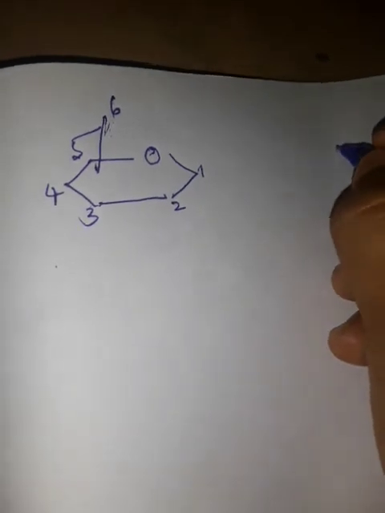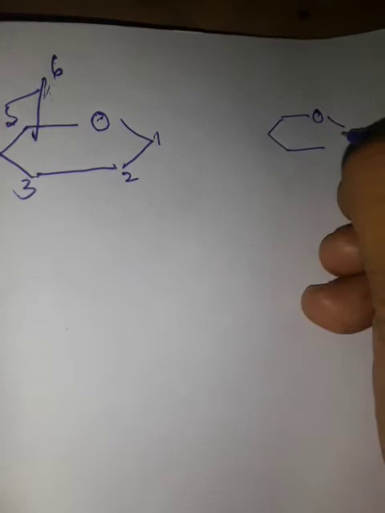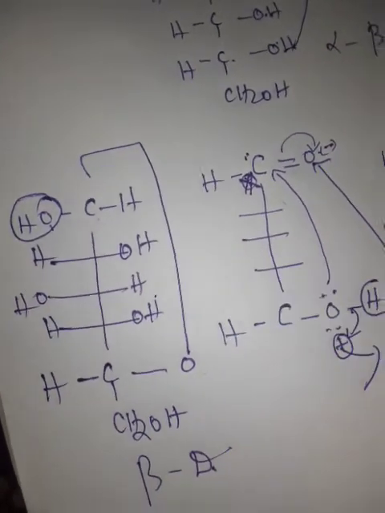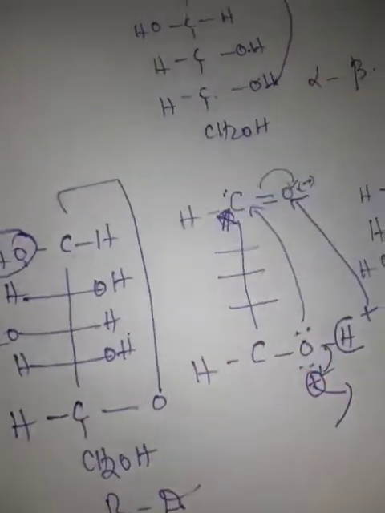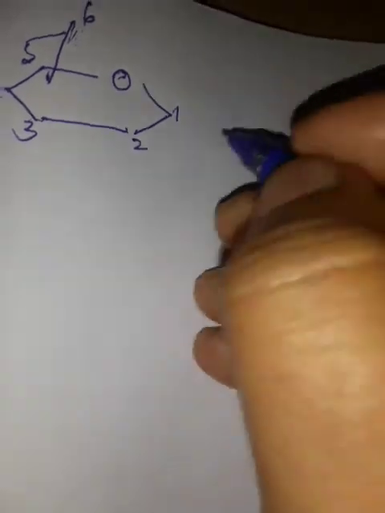Similarly, I can draw one more structure. Whatever is kept on the right side should be down, and left should be on top.